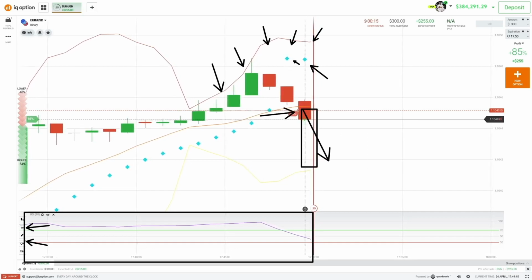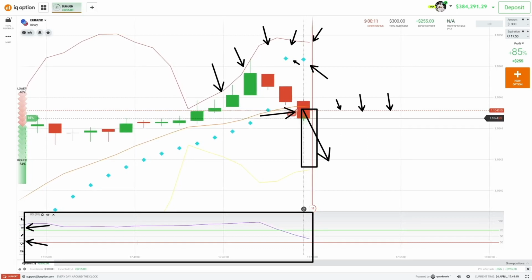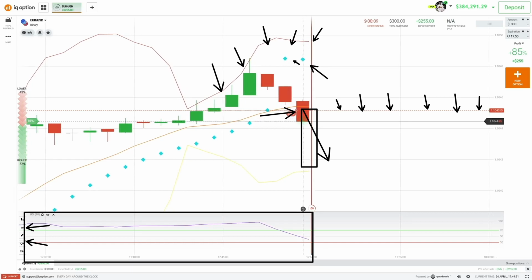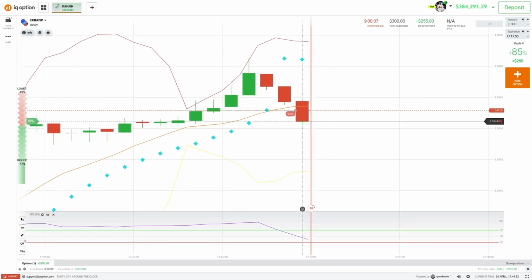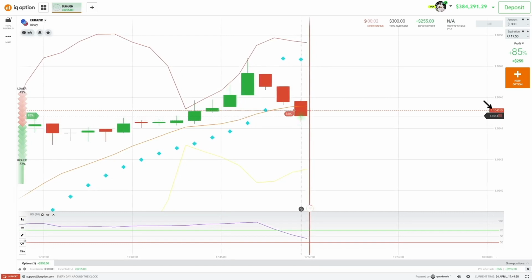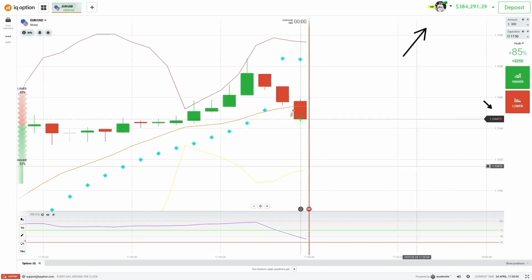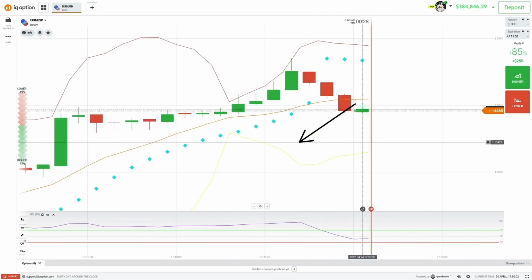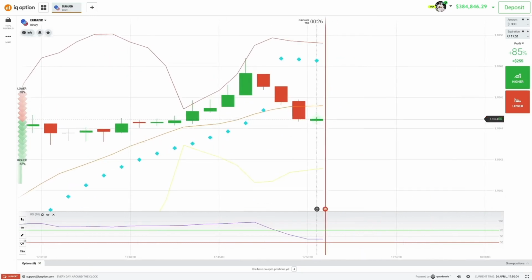That's why I opened the short position, meaning that I predict that the market will close under this price. If my prediction is right, I'm making $255, and that's what's really happening, $255.